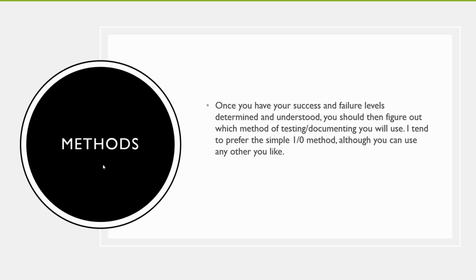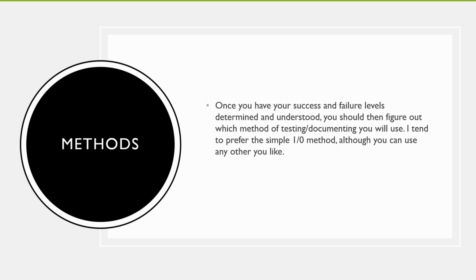Alright, so the next thing we're looking at is the different methods we use. Once you have your success and failure levels determined and understood, which is actually really important, you should then figure out which method of testing or documenting you will use in order to figure out how reliable your strategy is.